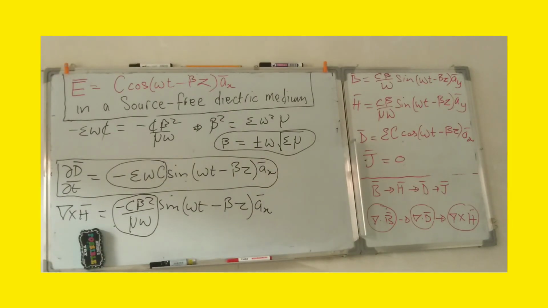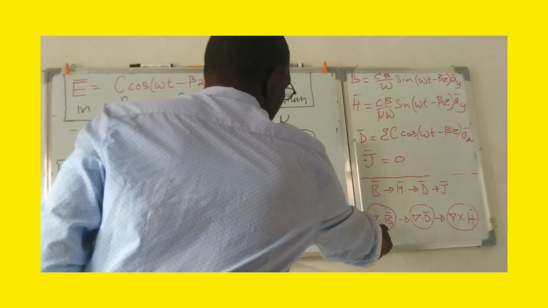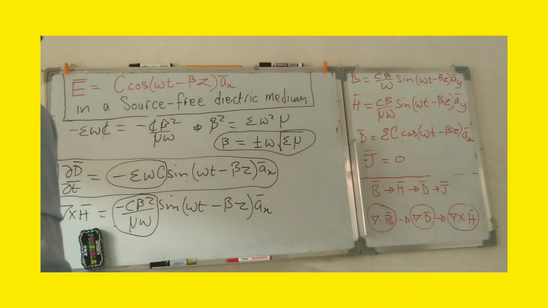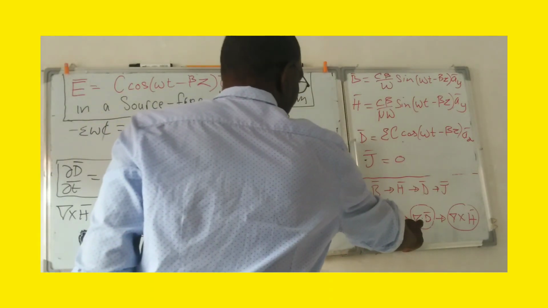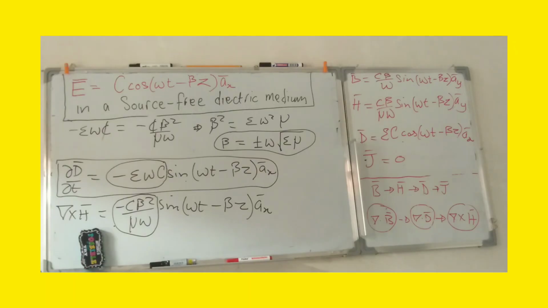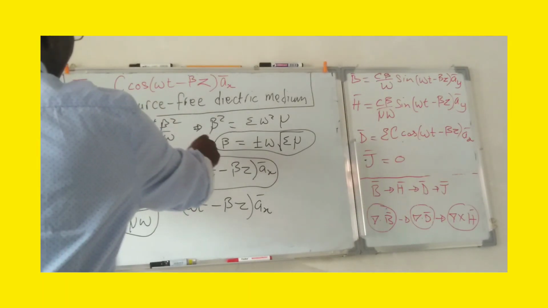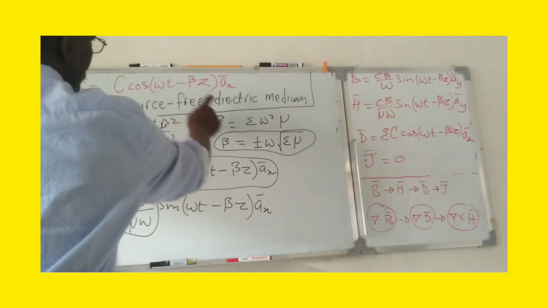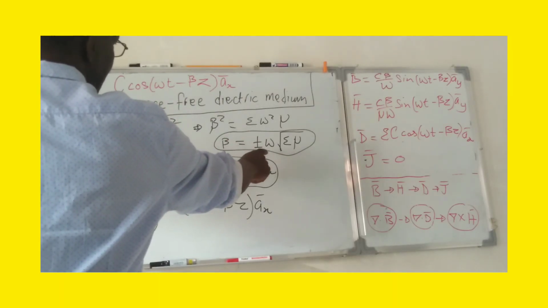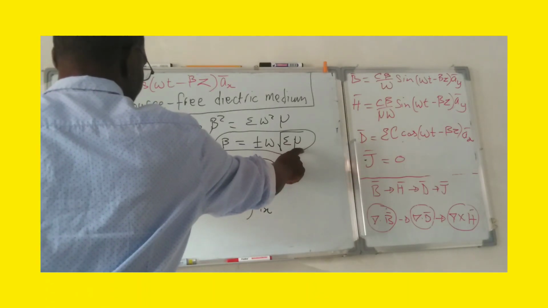So for this field to exist, we found that it satisfied divergence of B is 0. It satisfied divergence of D is 0. Now, for it to exist, here are the conditions. The condition is that this beta here must be equal to plus or minus omega square root of epsilon mu.